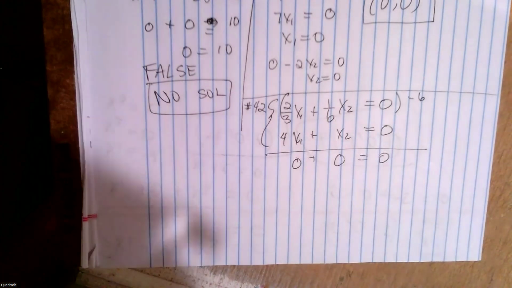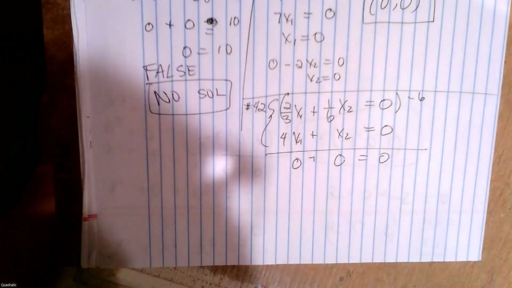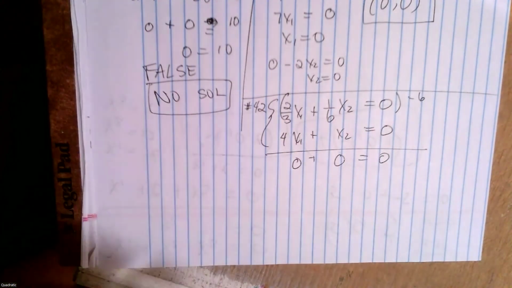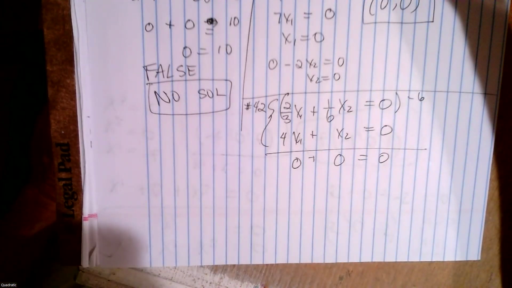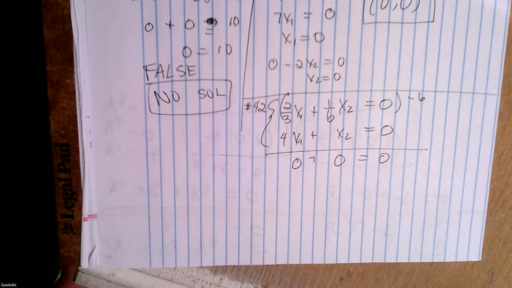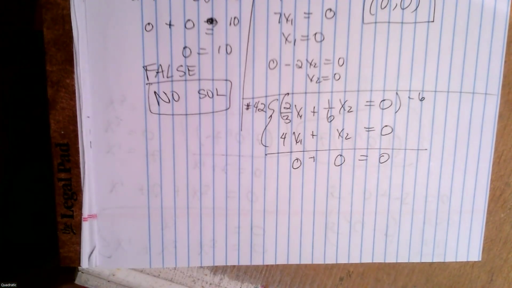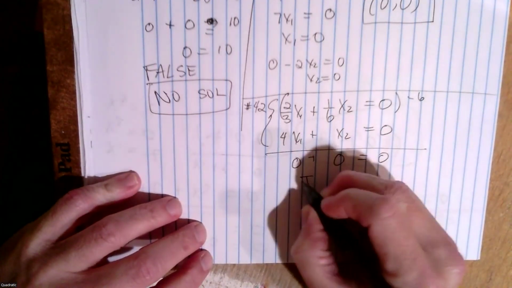What this tells me is that no matter what ordered pair I have for x1, x2, it's going to be 0 equals 0, so it's going to be true. So this is going to be infinite solutions.